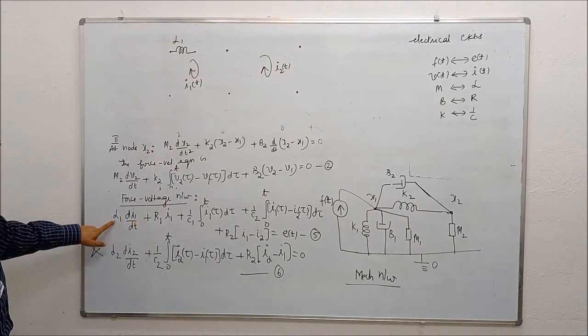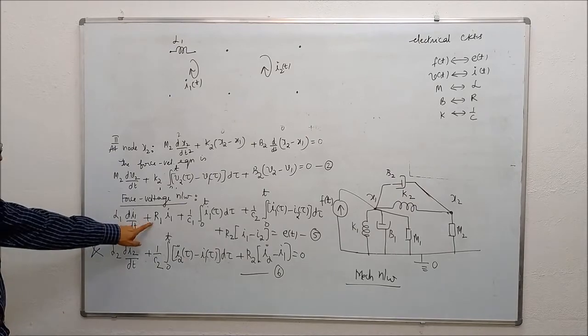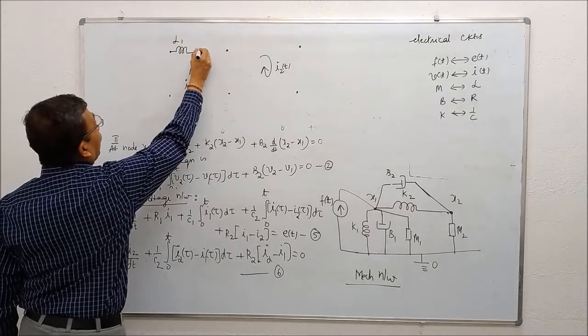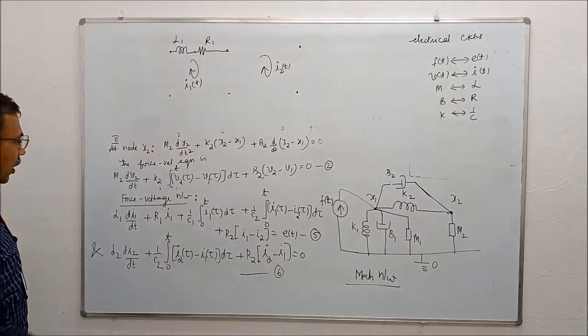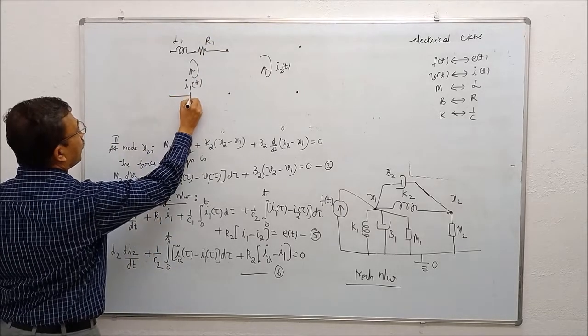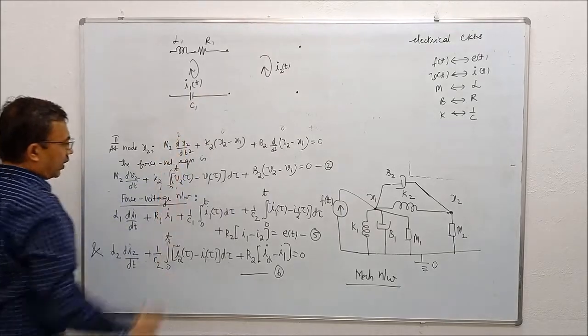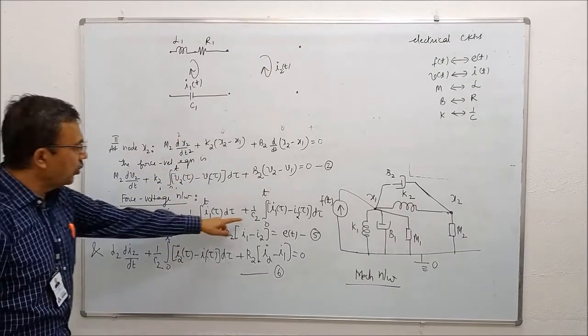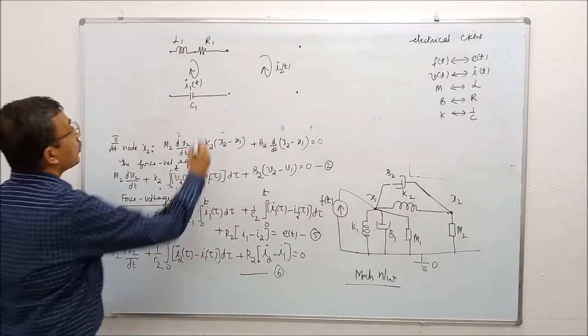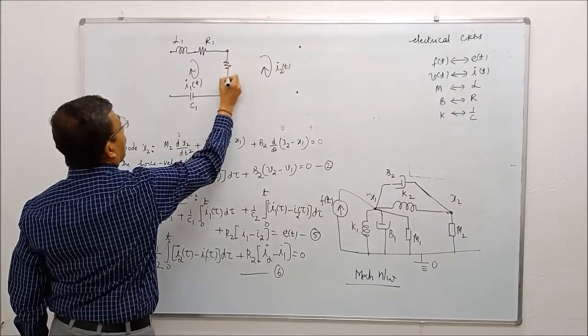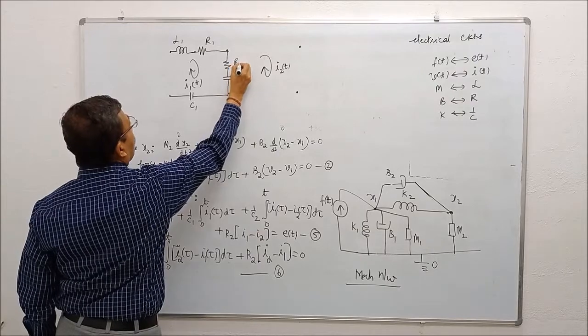Therefore, current in L1 has to be I1. Current through R1 is also I1. The current through C1 also is I1. The current through C2 is I1 minus I2. Same is true with R2. So R2 and C2 are common to meshes 1 and 2.